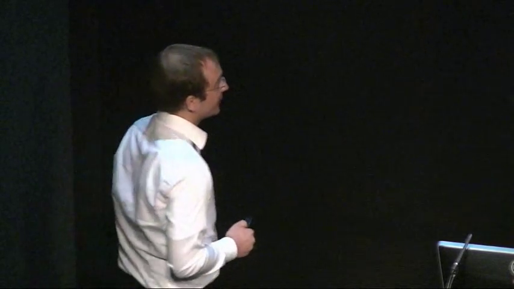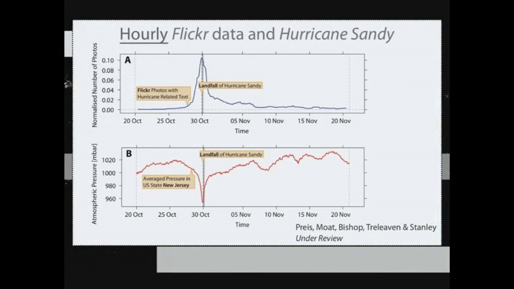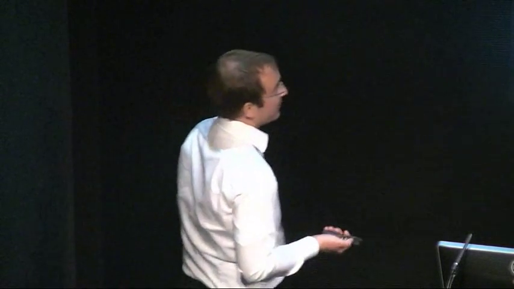So one very early example actually ignores the fact that there's GPS information, but we analyzed the tags, the titles, and the text bodies of messages, and in particular tried to link this to a recent natural disaster. So we looked at how many photos were taken last year between October 20 and November 20, and got labeled in various ways by 3 different keywords. And the keywords were hurricane, Sandy, and Hurricane Sandy.